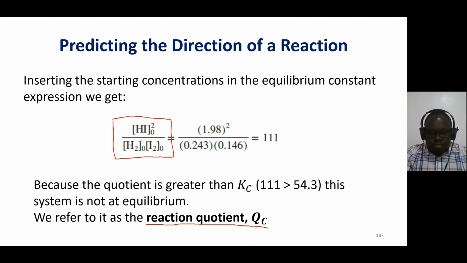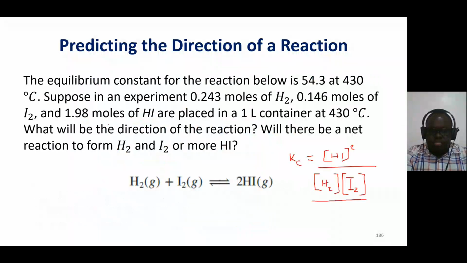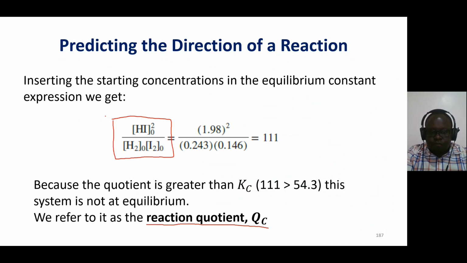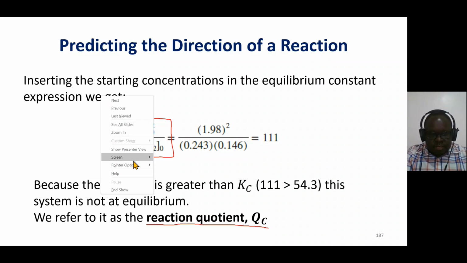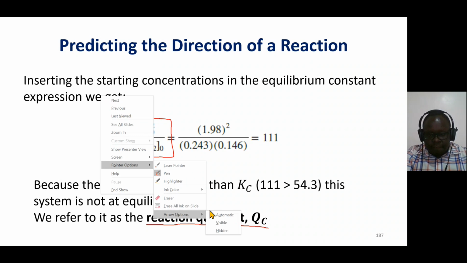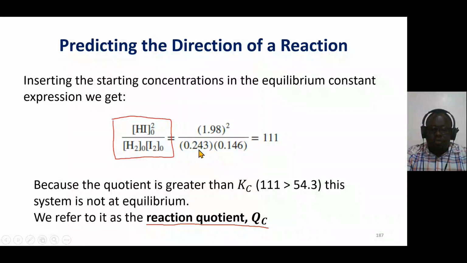So we put in the values of the concentration of the species: moles per liter for hydrogen, for iodine, and for hydrogen iodide. When you put those concentrations, we have 1.98 squared divided by 0.243 times 0.146.